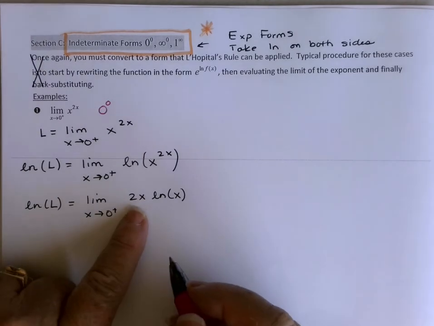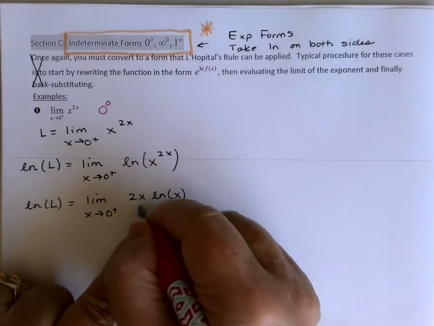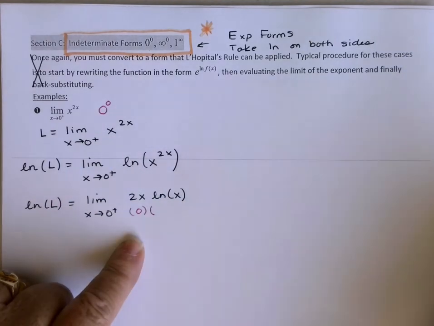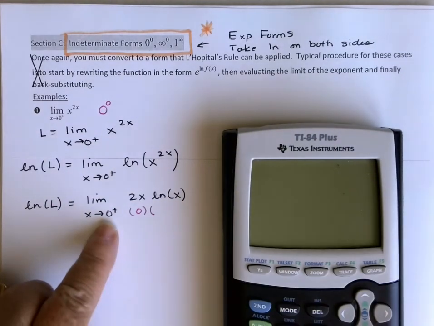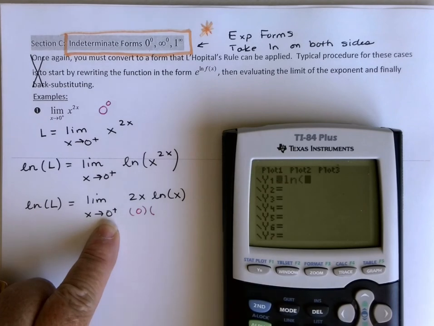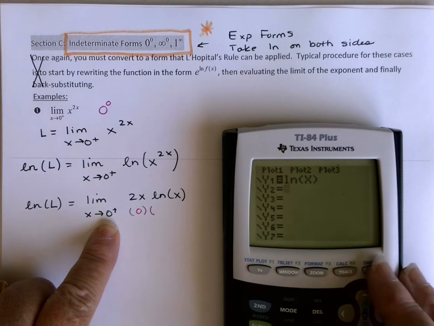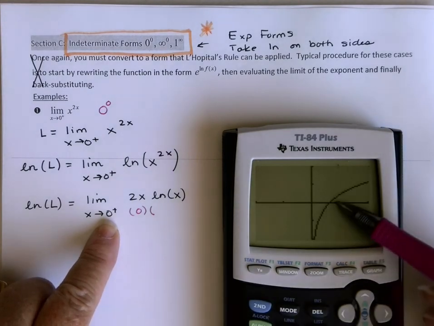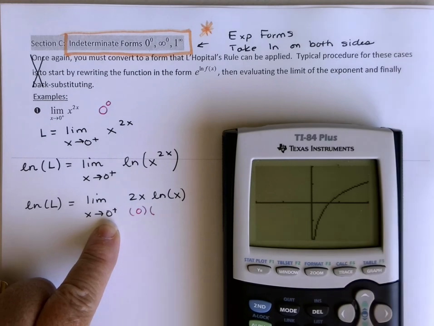Well, let's see. As x goes to 0, 2x would become 0. And what happens to the natural log function as x goes to 0 from the right? Coming towards 0 from the right, natural log looks like it's going down to negative infinity.